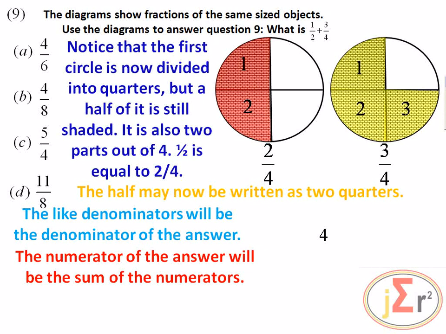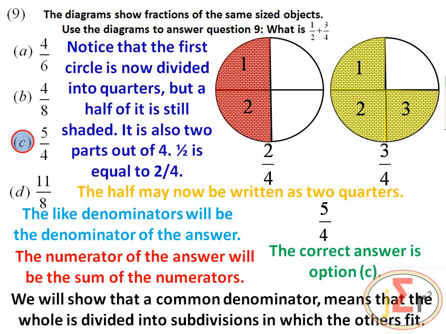The numerator of the answer will be the sum of the numerators. So 2 plus 3, and that is equal to 5. And that will be the numerator of the sum. So the common denominator will be 4, and the numerator, when we add them, we get 5. So the correct answer is option C.